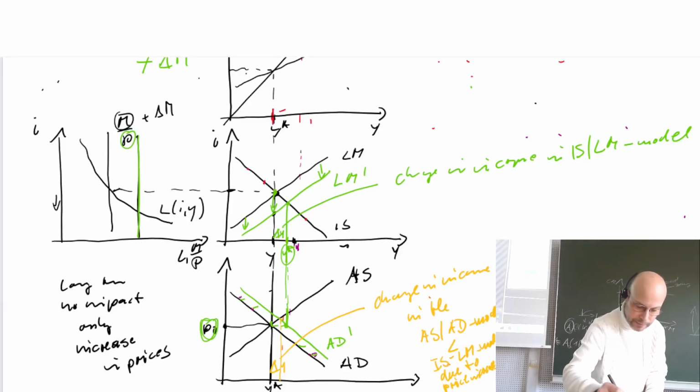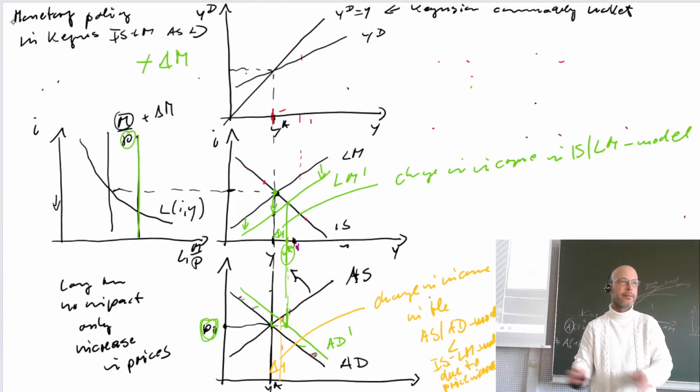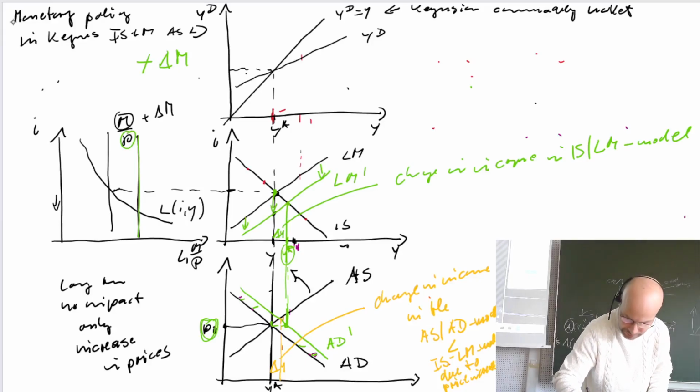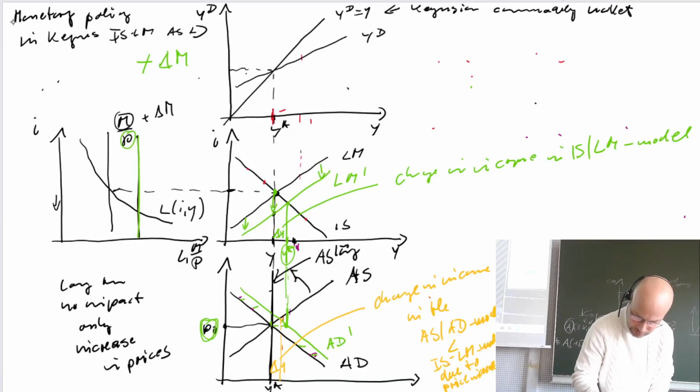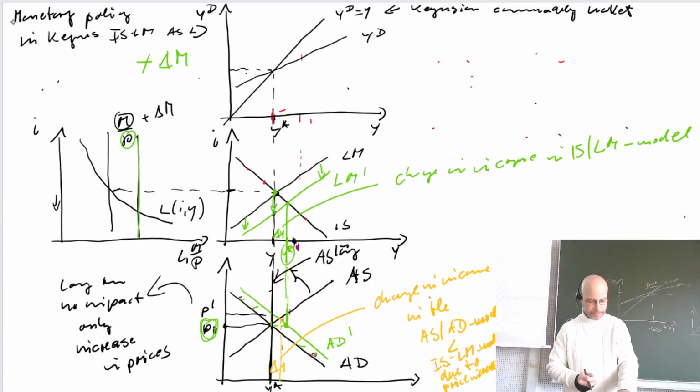And then in the long run, a shift in the vertical way of the AS curve, AS long, and due to the intersection here, D prime, and this we have already written down.